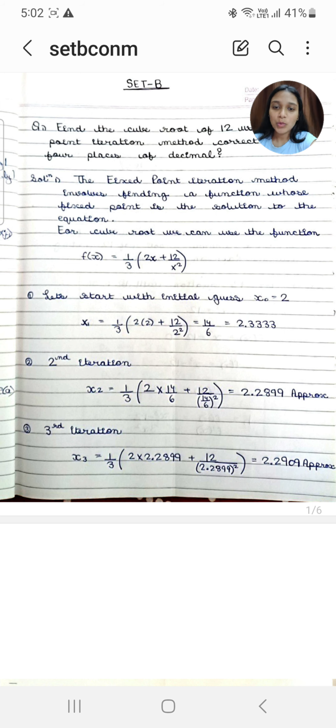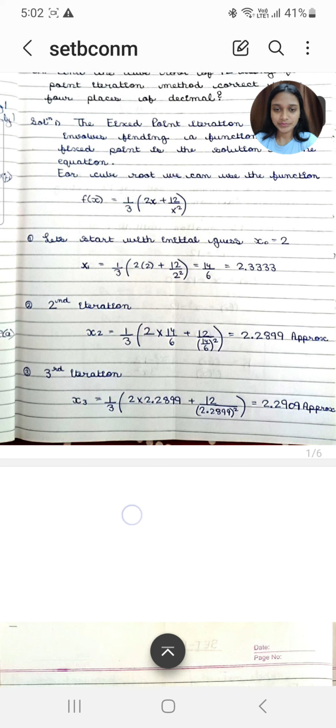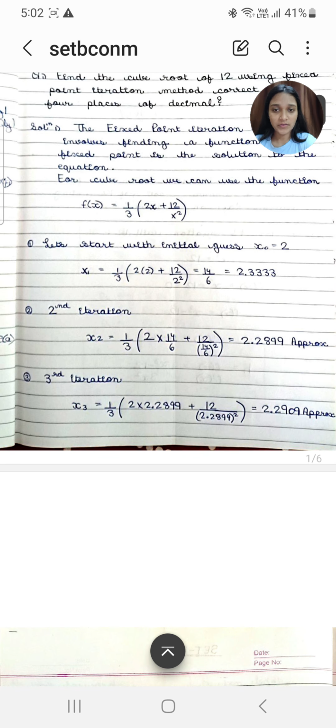Now in the second iteration we will put the value of x as the value of x1 that we took out in the first iteration. So our equation would be 1/3 (2 × 14/6 + 12/(14/6)²), that would be 2.2899 approx.